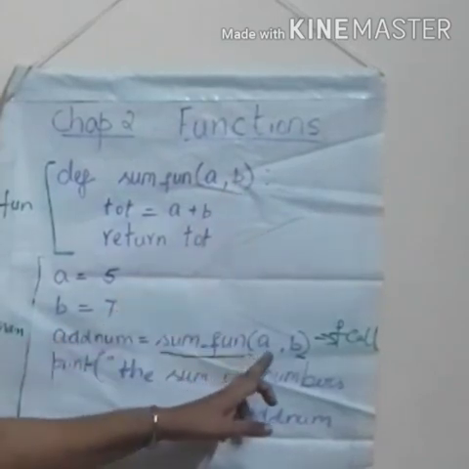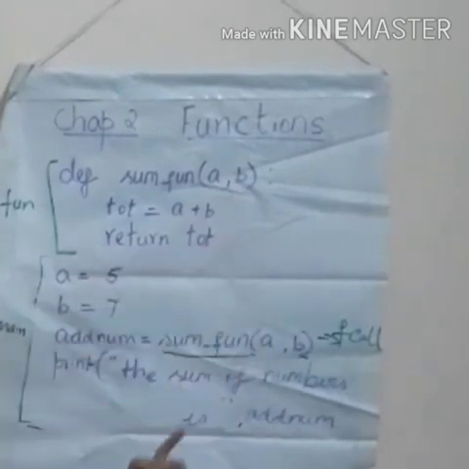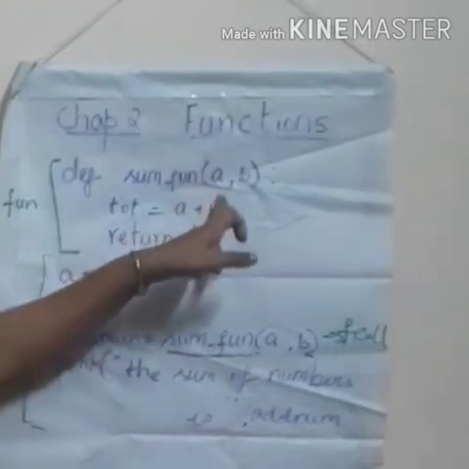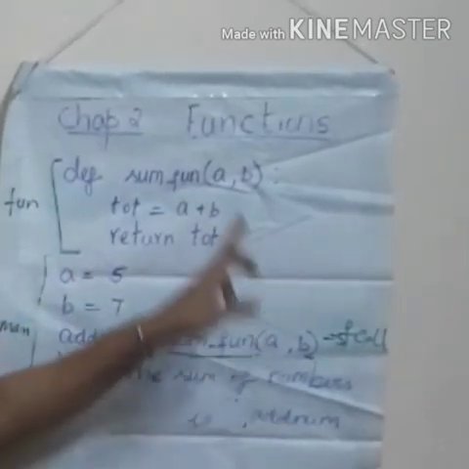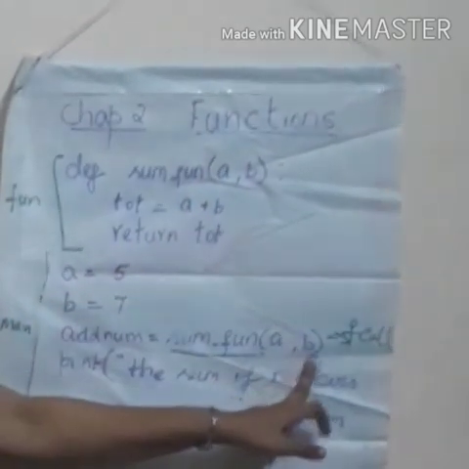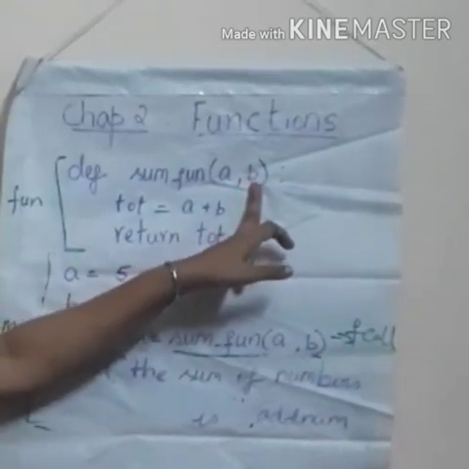And the second point you should know is that the data types should be the same. If a here is integer, then here also it should be integer. If a is float, then here also a should be float. If b is a character data type, then here also b should be a character data type.